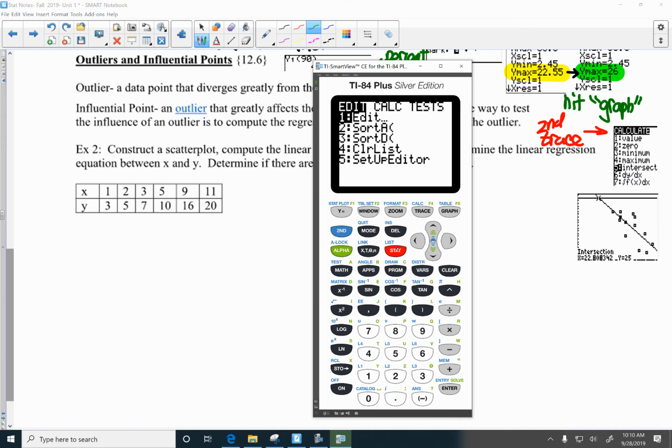Right, so stat edit. We're going to clear out these data points. So 1, 2, 3, 5, 9, 11, 3, 5, 7, 10, 16, and 20.